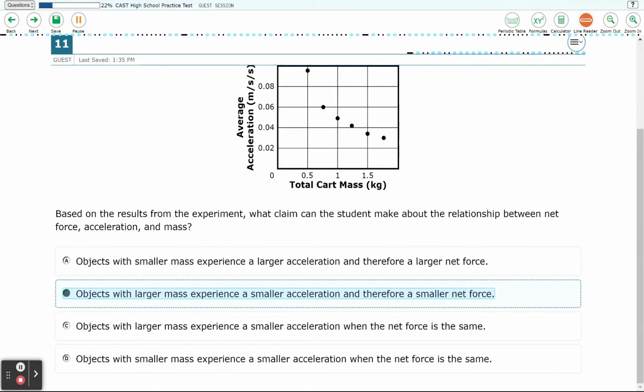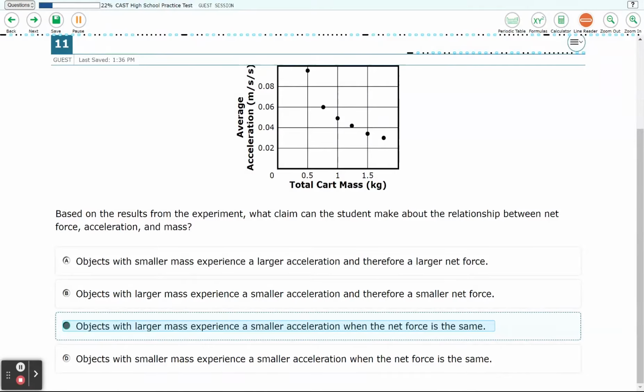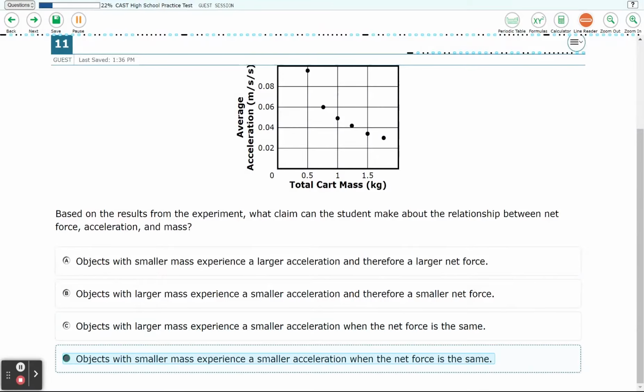B. Objects with a larger mass experience a smaller acceleration and therefore a smaller net force. C. Objects with larger mass experience a smaller acceleration when the net force is the same. And D. Objects with smaller mass experience a smaller acceleration when the net force is the same. Choose your answer now.